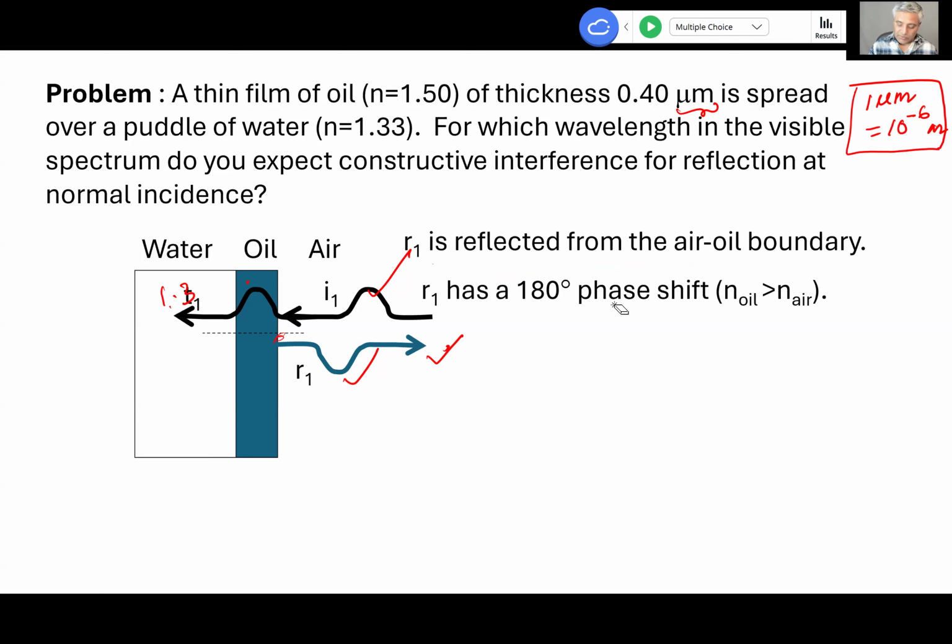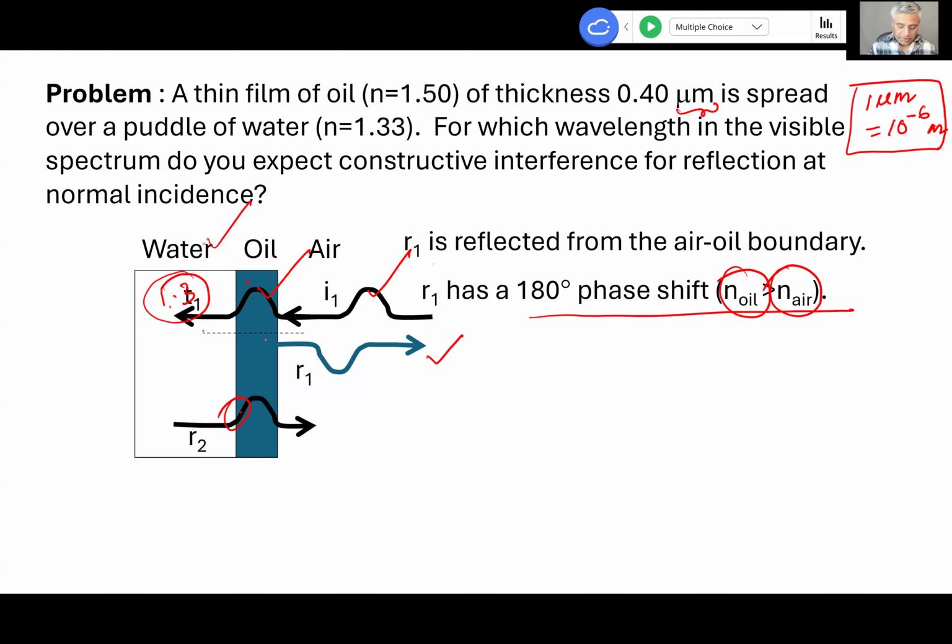R1 has a 180-degree phase shift because the refractive index of oil is bigger than that of air. That's why I'm drawing it this way. Okay. And the refracted one does not change. The reflected one at the second boundary also does not change because the refractive index is now lower for the water compared to oil.